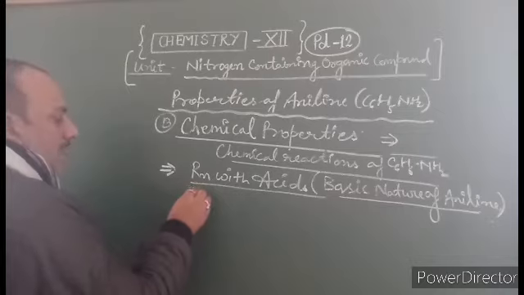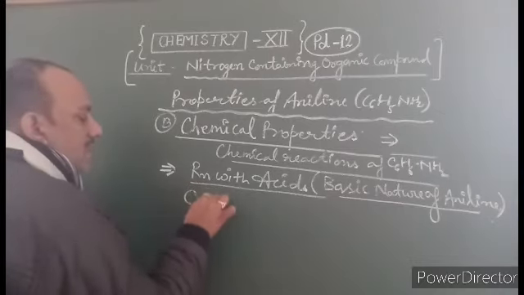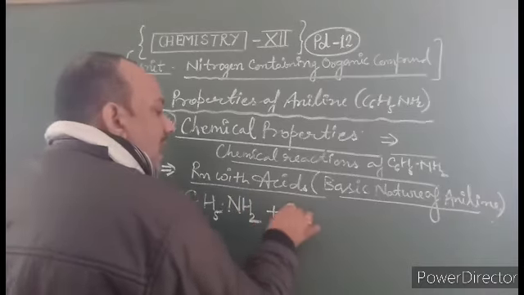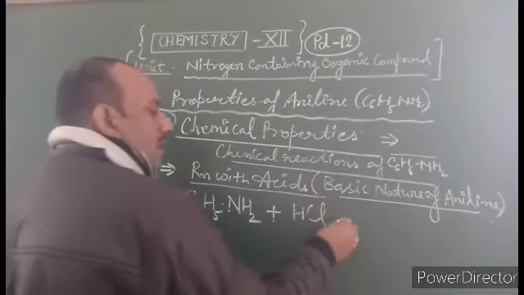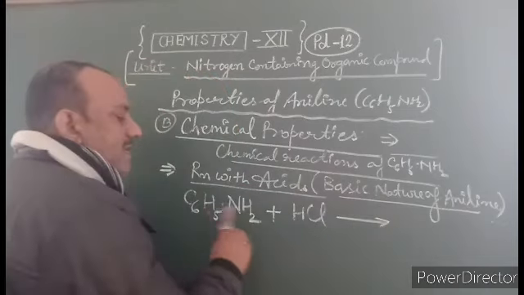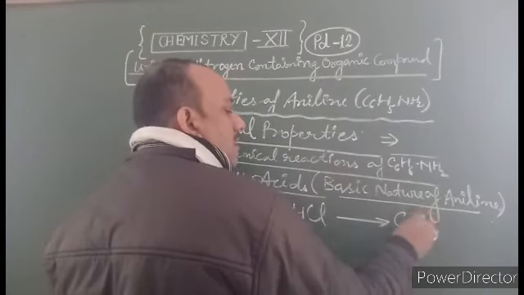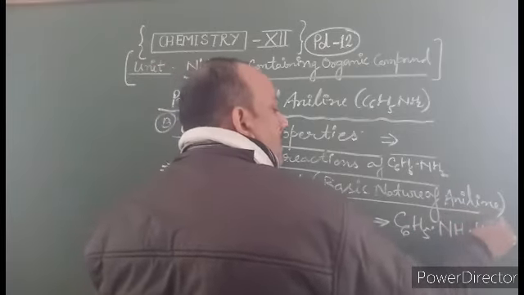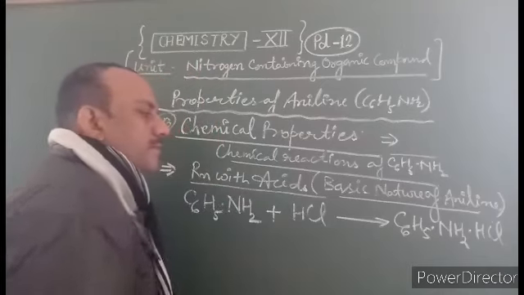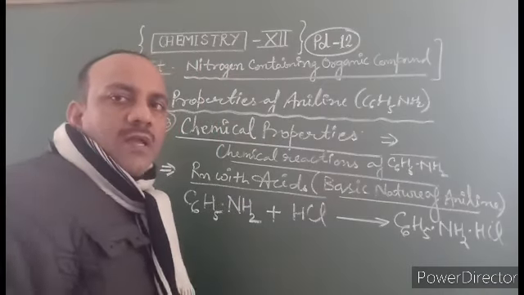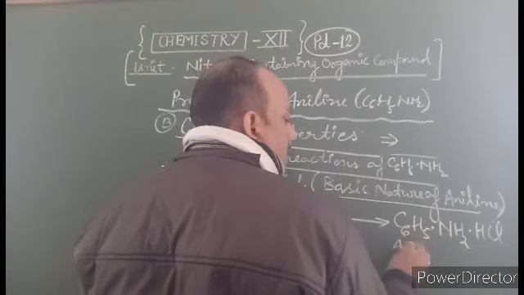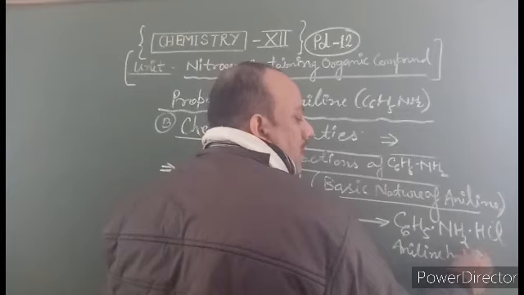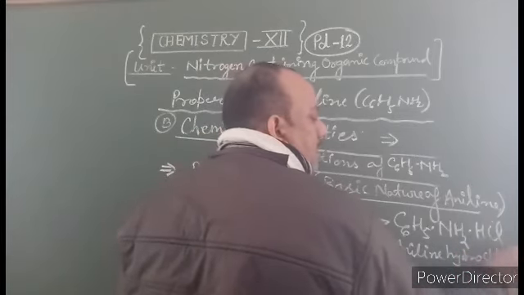Aniline C6H5NH2 reacts with hydrochloric acid HCl to make the addition product C6H5NH2·HCl. It is known as aniline hydrochloride.